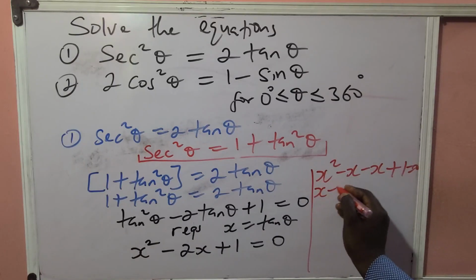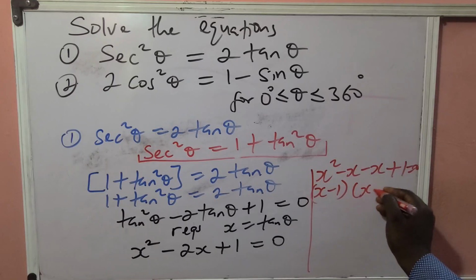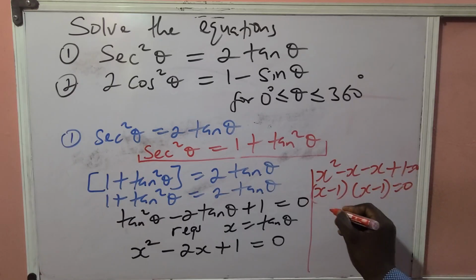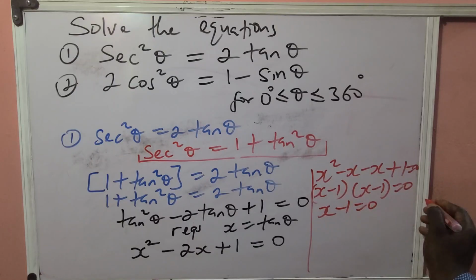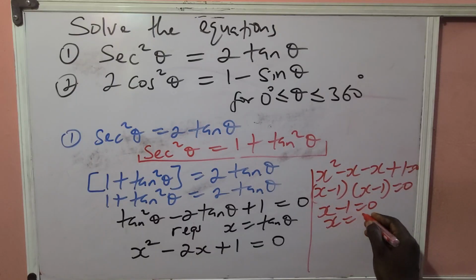This will be x minus 1, this will be x minus 1 equals to 0. So here we know that x minus 1 equals to 0, and our x here will be equals to 1. Obviously, twice. It happens twice. So don't forget that our tan theta was x. So obviously, we can go on to say our tan theta equals to 1.